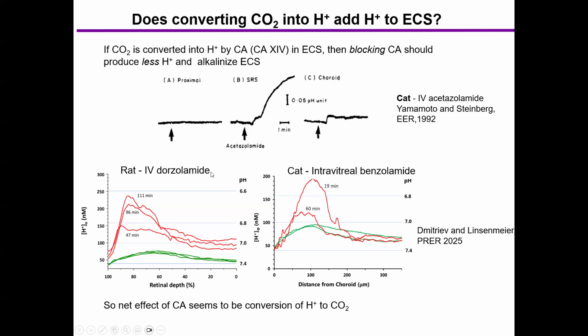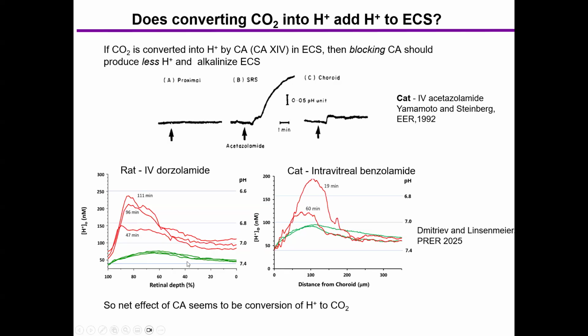And we did that experiment in rats, and here are the profiles. So these green profiles are in the retina before the dorzolamide. After dorzolamide, there's a strong acidification of the extracellular fluid in the outer retina. And significantly, when you give these carbonic anhydrase inhibitors, you could be interfering with both intracellular carbonic anhydrase, which is CA2 in the retina, as I remember, or CA14.